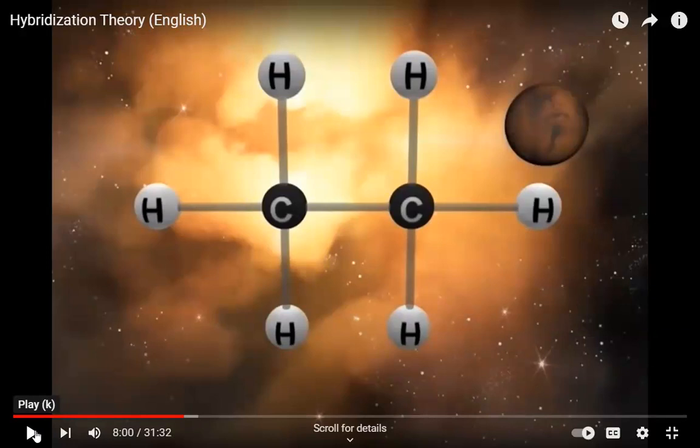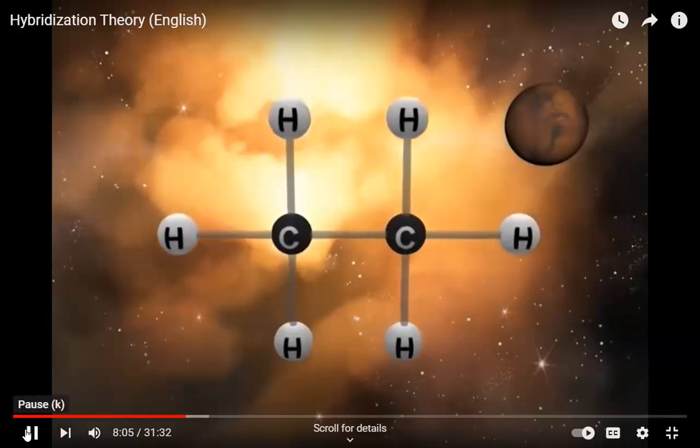And then all of those morph into hybrid orbitals. You do not have an s anymore. You do not have a p anymore. You have sp3 hybrid orbitals. Both carbons are sp3 hybridized, and each carbon has 4 single bonds.